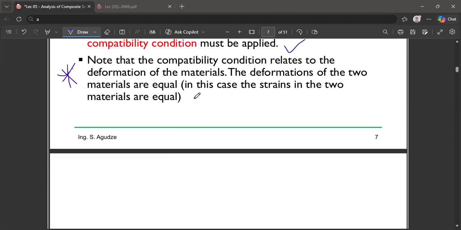You should take note that the compatibility condition relates to the deformation of the material, and the deformation of the two materials is equal. In this case, the strain in the two materials is equal.